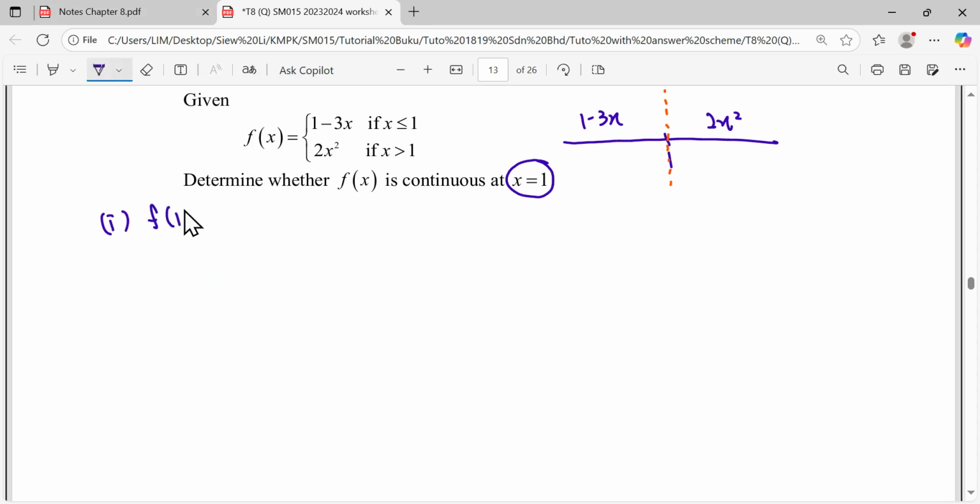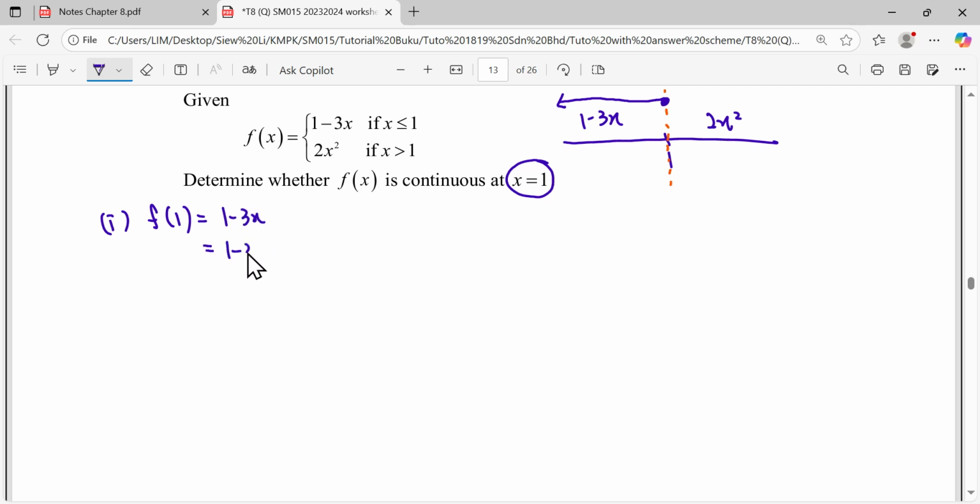Is the coordinate of the point at x equals 1 existing? How are we going to see? We see whether it is equal or not. So x equals 1 means the point follows this linear interval. So the graph of the function will go until the point x equals 1. So f(1) is under the linear function.